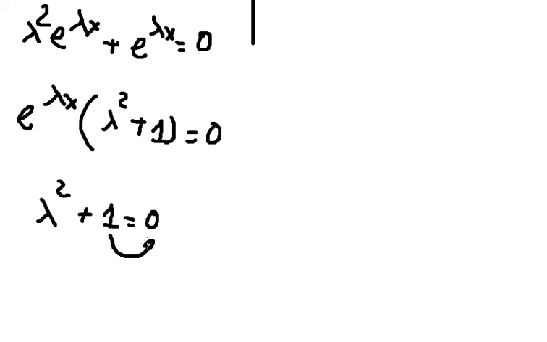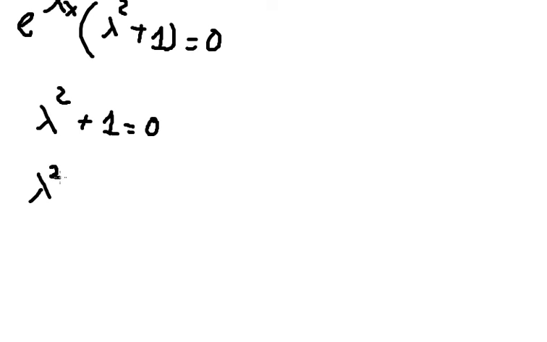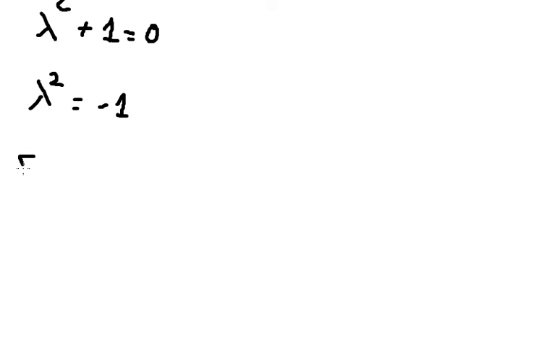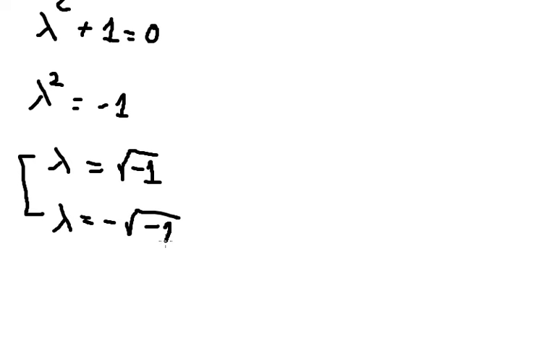So I will put 1 to the right. Next, we take the square root of both sides, we have lambda equals the square root of negative 1, and lambda equals negative the square root of negative 1. And this is i, the complex unit.